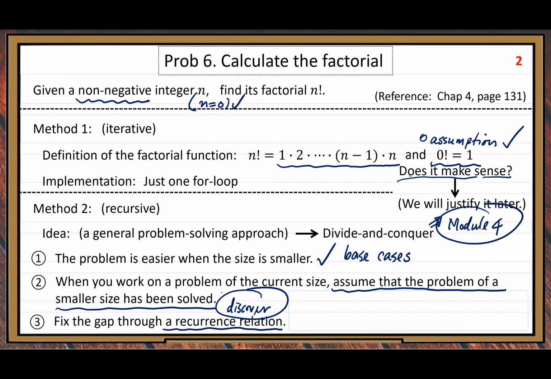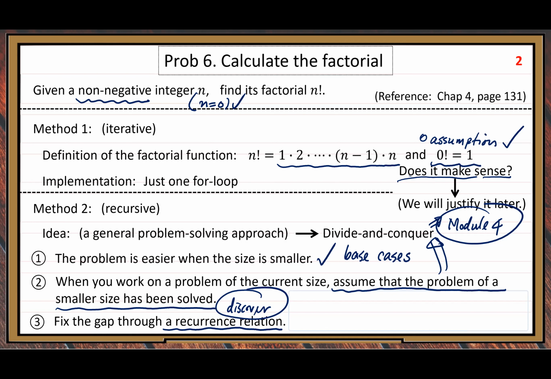And the problem size larger, smaller, that corresponds to divide and conquer. When you divide the given problem, you make the problem sizes smaller. Then you conquer. Here we use recursion to conquer. That's legal, because recursion is supported by high-level programming languages, so it can be implemented.